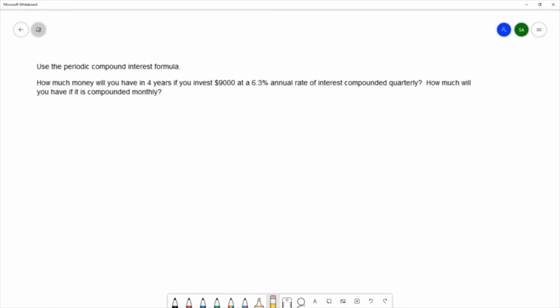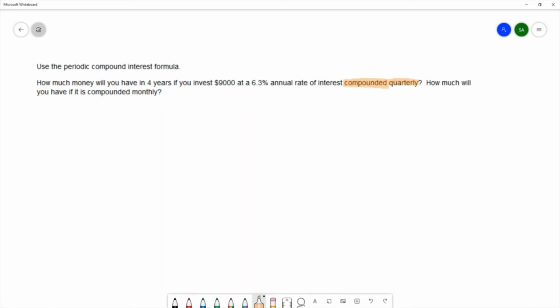In this question, we want to use the periodic compound interest formula. The question says, how much money will you have in 4 years if you invest $9,000 at 6.3% annual interest rate, compounded quarterly? How much will you have if it's compounded monthly? There are key words that tell you which formula to use.